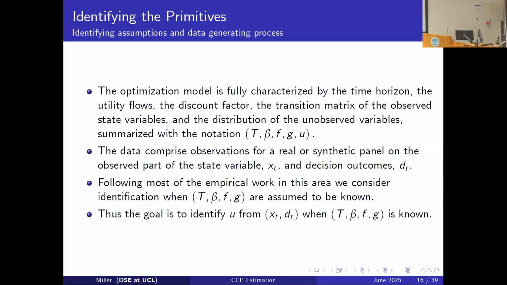So here we have it. Suppose we know the time horizon, which could be infinity, stationary. We know beta. We know what the form of the transition is.